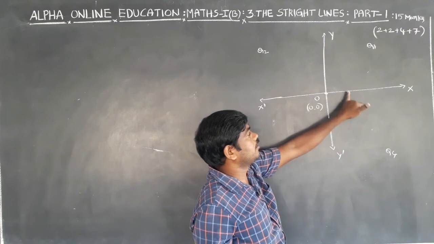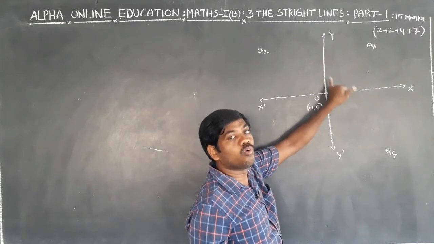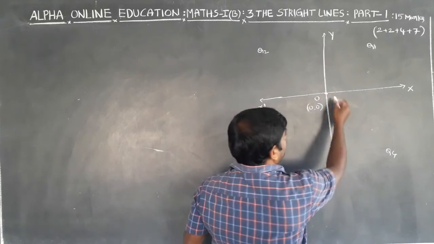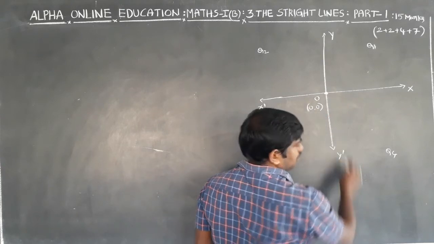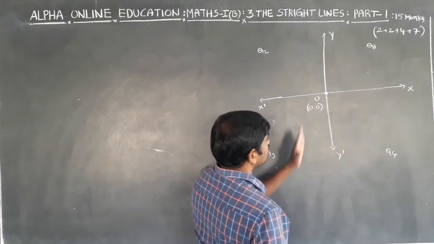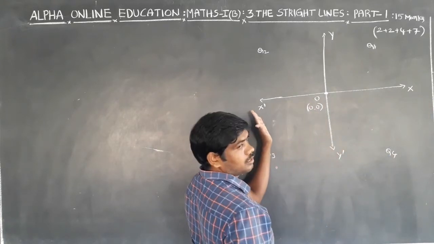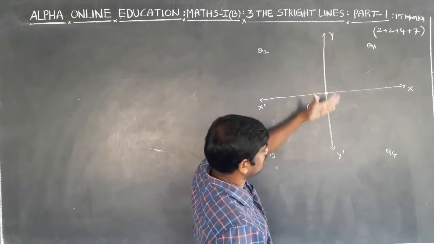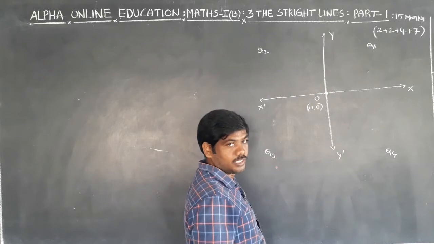The point of intersection of the coordinate axes is the origin. This is the right side, left side, upper side, and lower side of the origin.